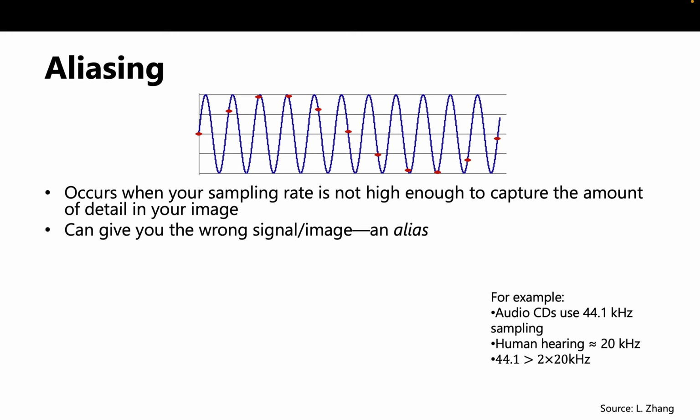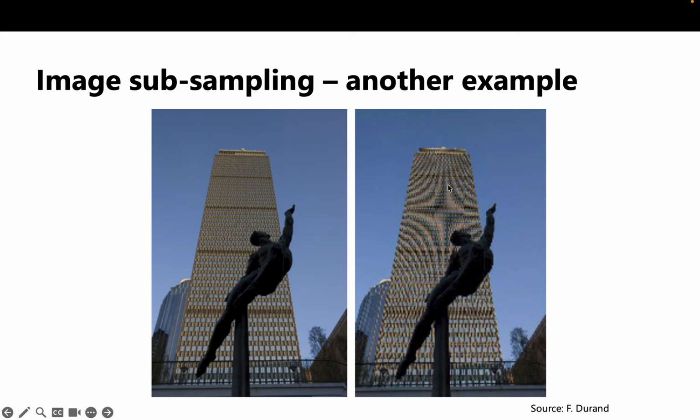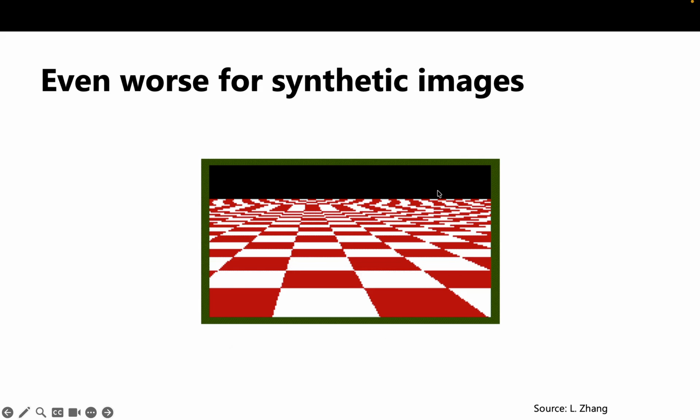Same goes for your image. If your sampling rate is not high enough, then you are not able to capture the amount of details in your image. It will give you the wrong signal or image, what we call aliasing. So all these effects are aliasing effects, and the same goes to this one.